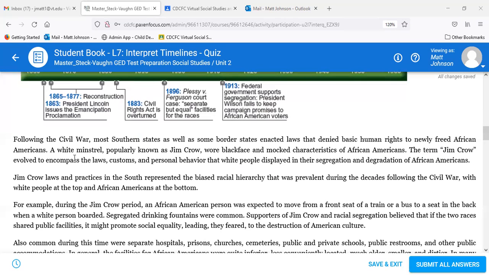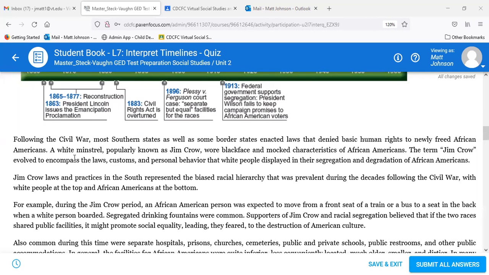Following the Civil War, most southern states, as well as some border states, enacted laws that denied basic human rights to newly freed African Americans.